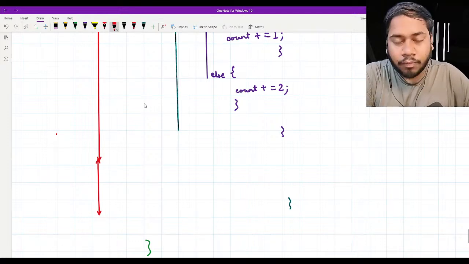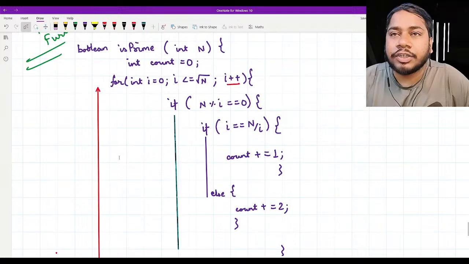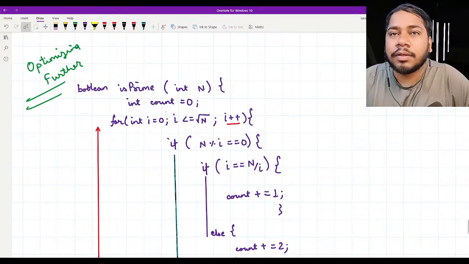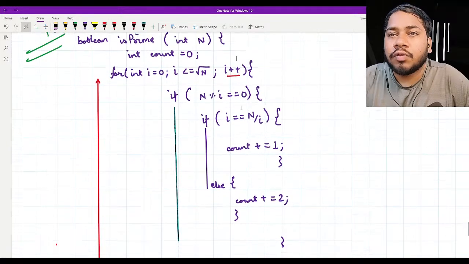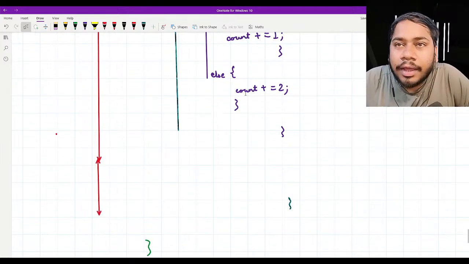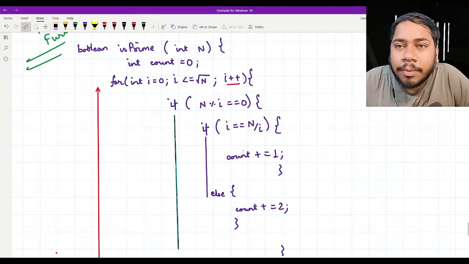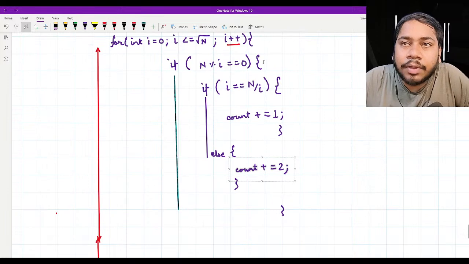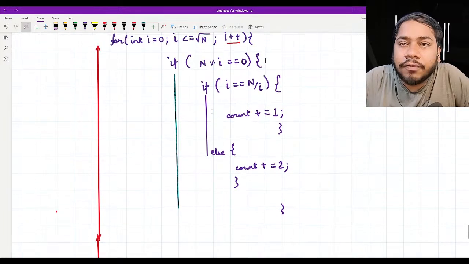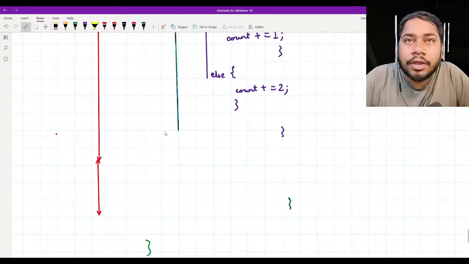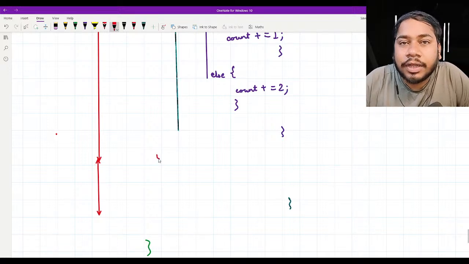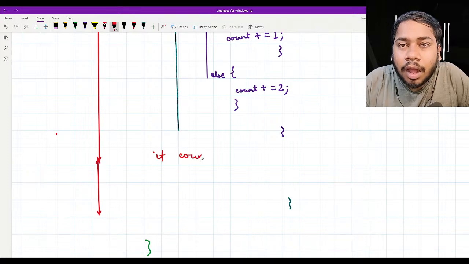So what we are doing, guys, please pay attention. Please see. Here we are incrementing the count. And each time after coming out of the if, we will check if count is greater than 2.